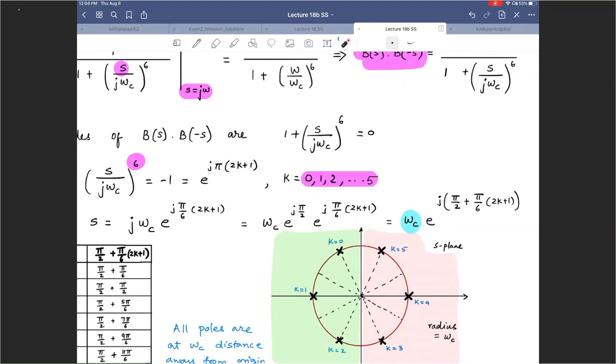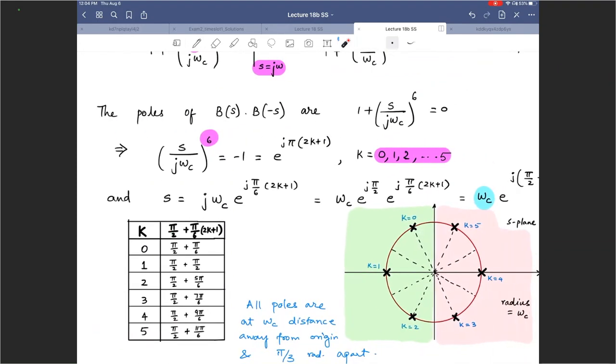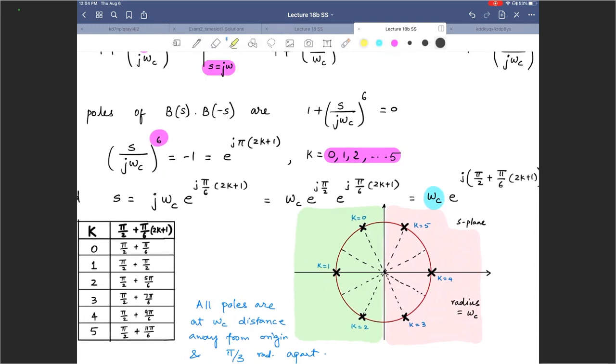I will get 6 different angles at omega c away. If I sketch it on the s-plane, you can quickly evaluate that, put that into a table, k equals 0 through 5, and evaluate the angles that are present in the exponent here.